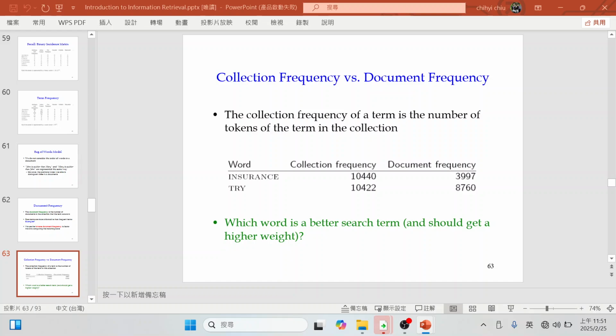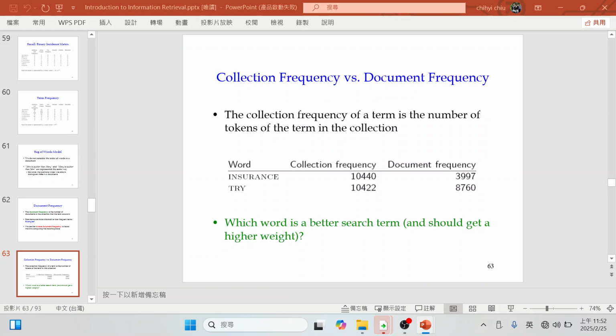Okay, let me give you an example. The document frequency of a term can be counted like this. I show you two words: insurance and try. Given a collection, we count how many documents contain the word insurance.